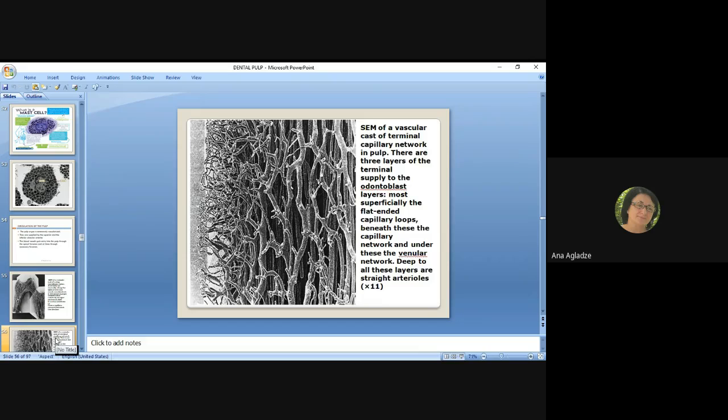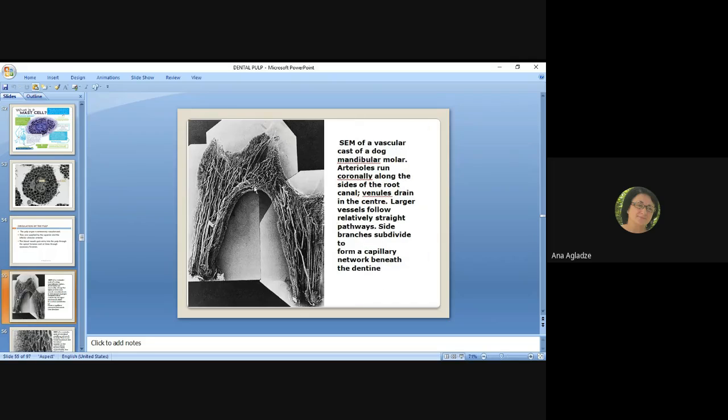Let's see this picture. And you can see the capillary loops, the vessels. They divide and narrow to some degree in the root canal, but branch profusely once they are within the coronal pulp.